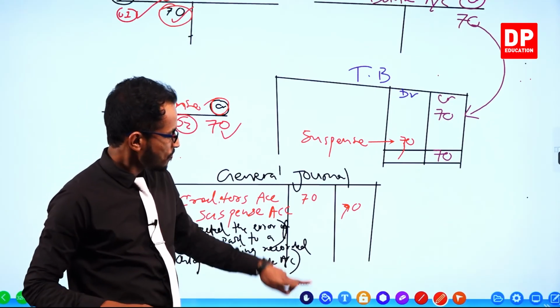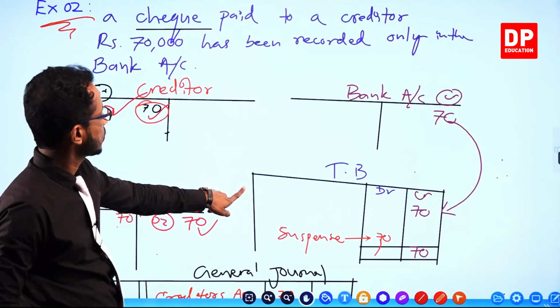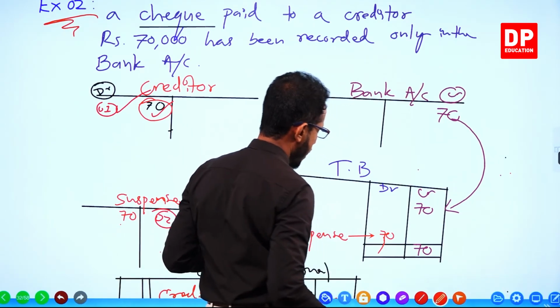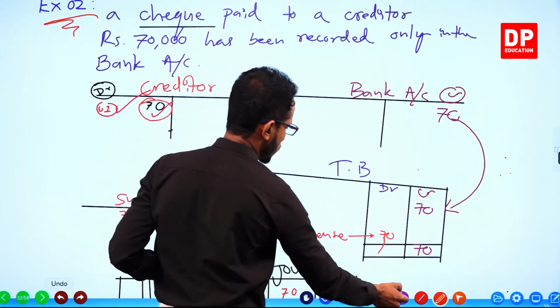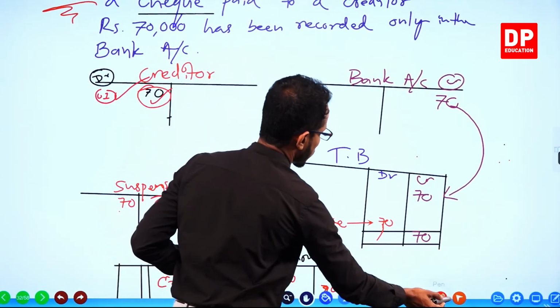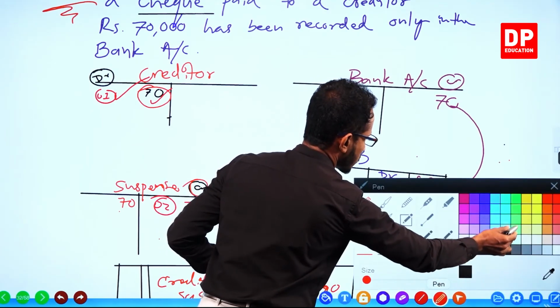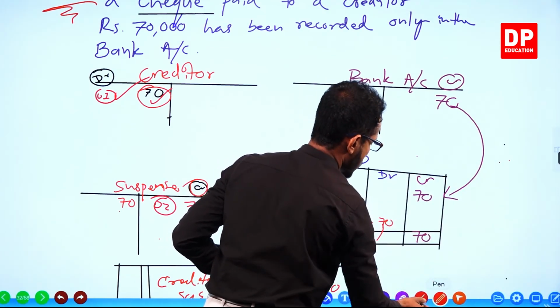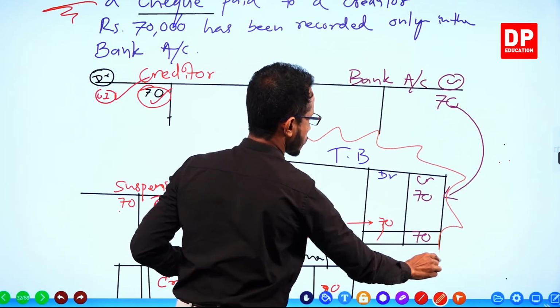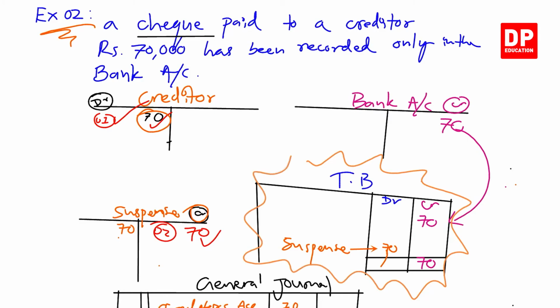Children, this is how you correct errors which affect the trial balance. You must understand that when the trial balance is affected, that effect creates a shortage, and the shortage is transferred to a suspense account.